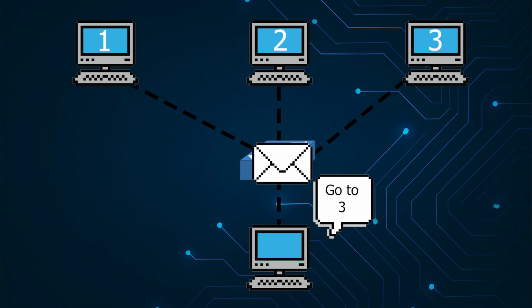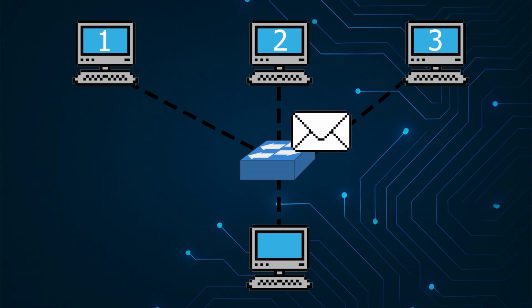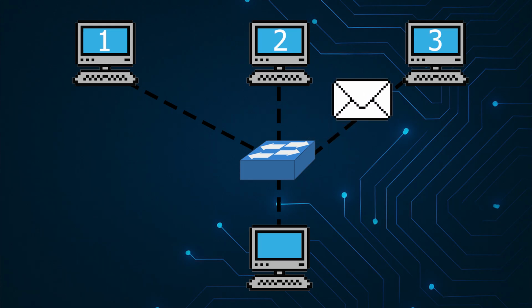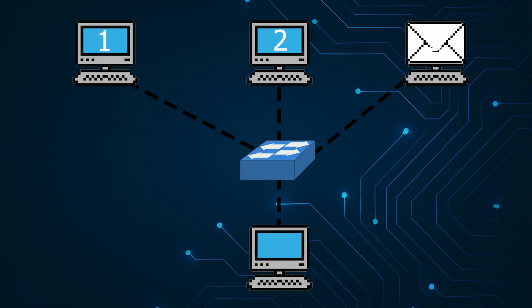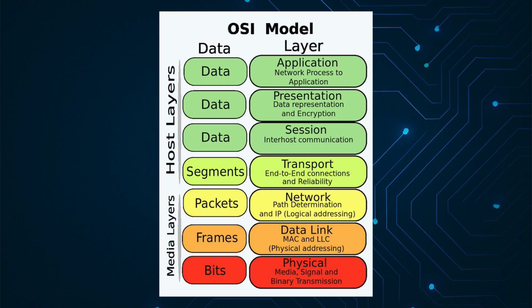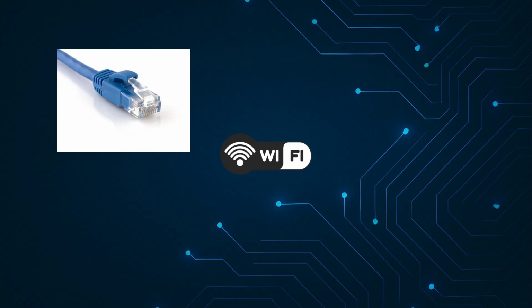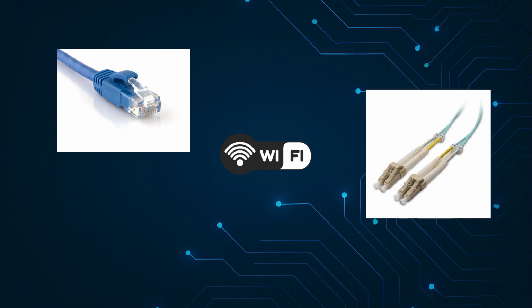Everybody has the same address, but nobody has the same apartment number. So the postman needs to make sure that he doesn't just deliver it to the address, but puts it in the correct mailbox with the correct apartment number. Layer 1, physical. This is the actual truck and roads, the physical cables, Wi-Fi signals, and electrical pulses that carry the data to its destination.